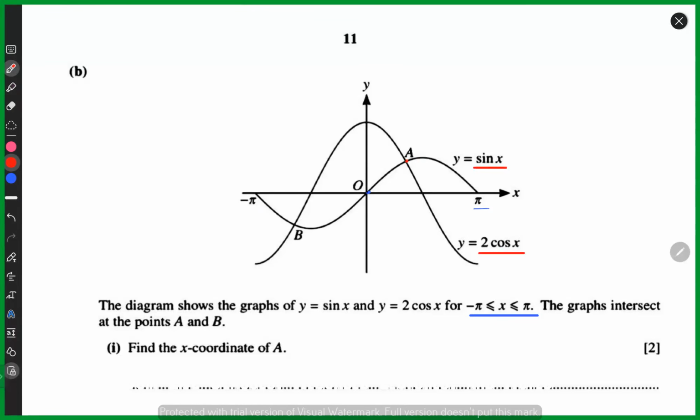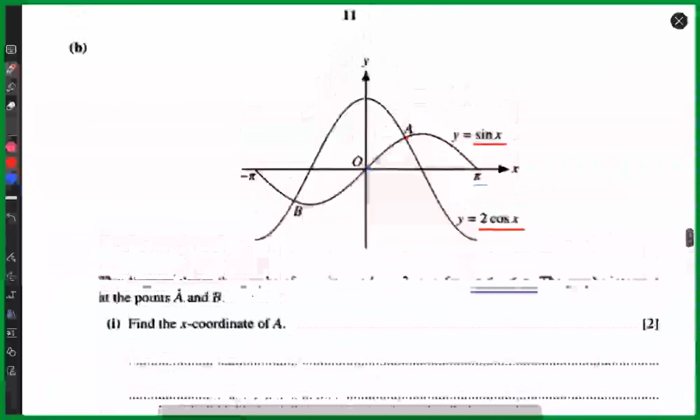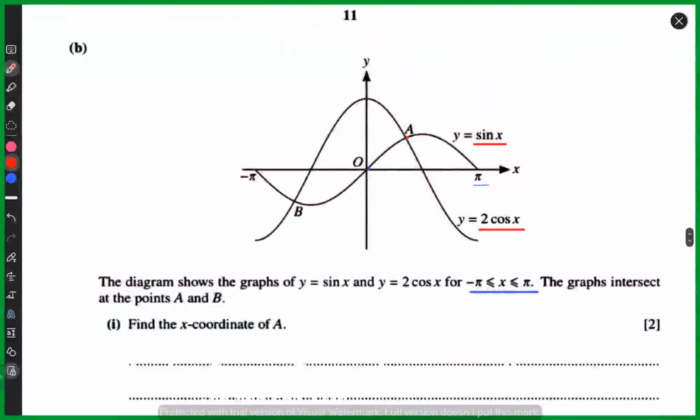We need to just solve them and find the value of x and y. For the first part, we need the x coordinate of A, and for the second part, we would be finding out the y coordinate of B. Whatever it is, the end goal is to find point A and point B, and then we'll just take out the x and y coordinates. That is fine. We can do that.